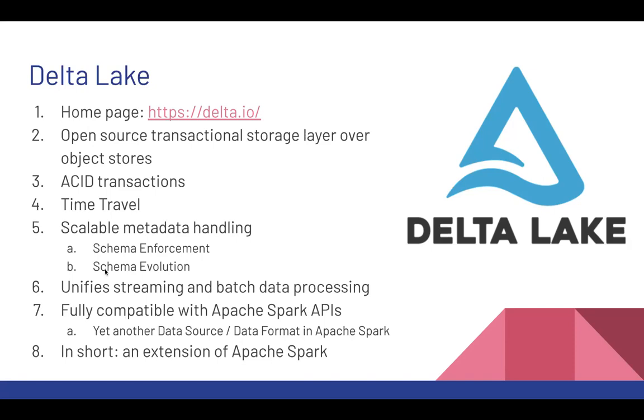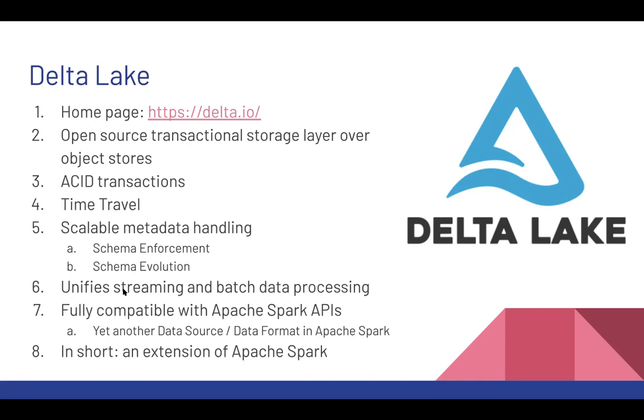What's nice about Delta Lake, and that was the main reason why I immersed myself in Delta Lake, was that its aim is to unify streaming and batch data processing in Apache Spark. This is just yet another data source or data format in Apache Spark.